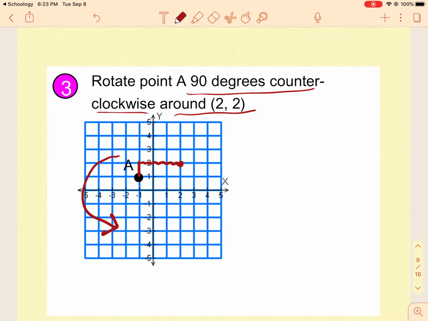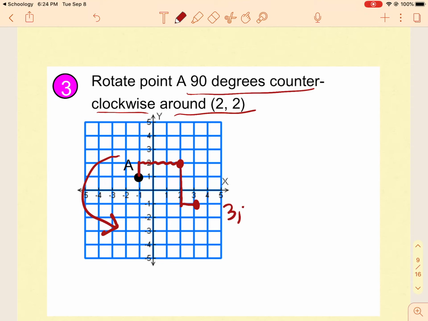Counterclockwise, we know, is going this direction. So from this point, instead of having 3 horizontal spaces, we're going 3 vertical spaces. Instead of having 1 vertical, we have 1 horizontal.